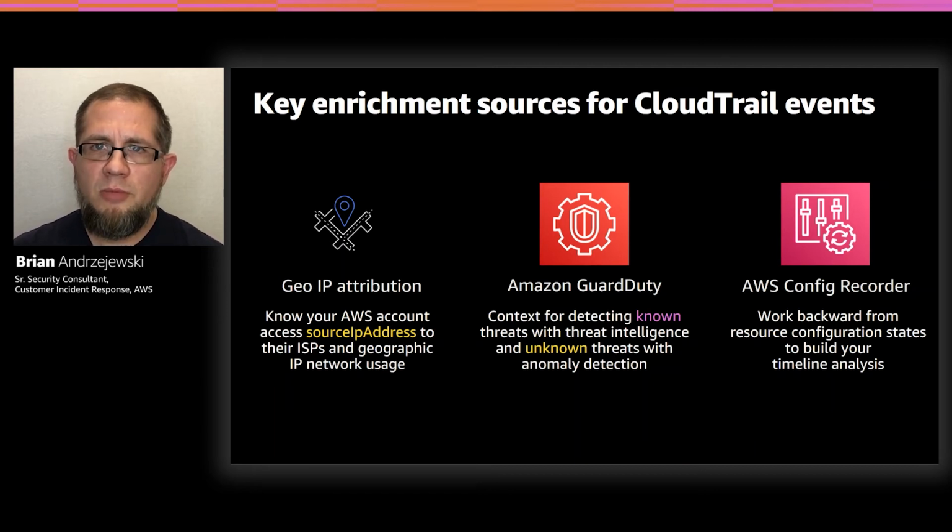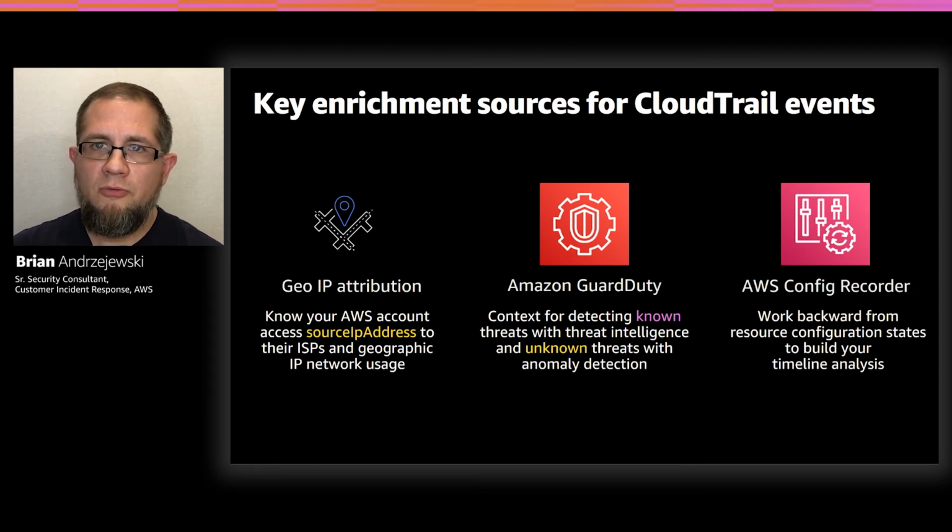As mentioned before, Amazon GuardDuty is also another enrichment and detection source. That will detect known threats from the threat intelligence and unknown threats with anomaly detection from its monitoring of CloudTrail. This can help accelerate your analysis considerably because it gives you a starting point and an attribution of a behavioral or a known threat that's detected with GuardDuty.